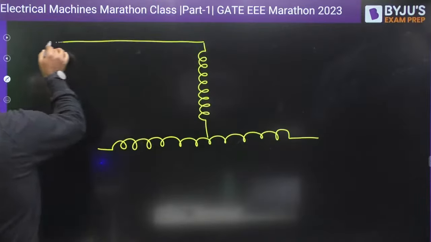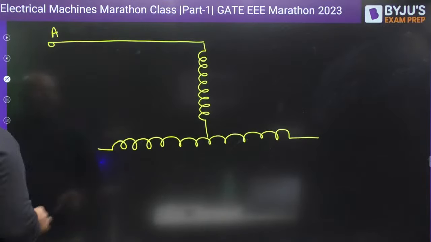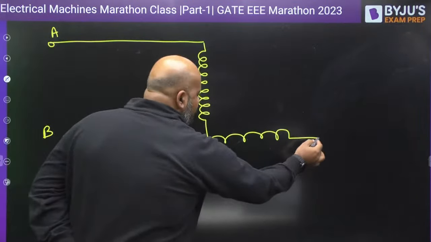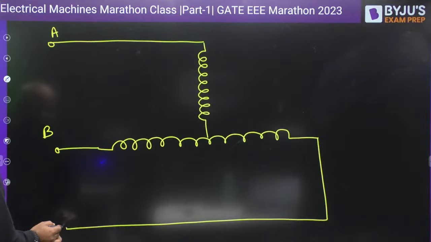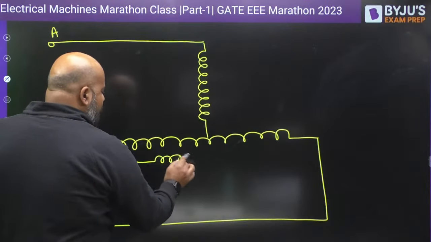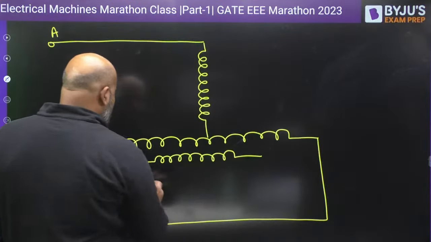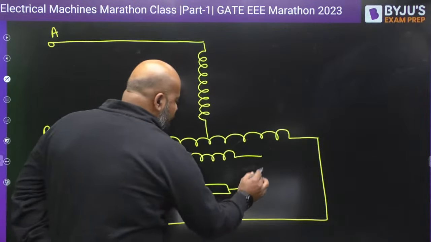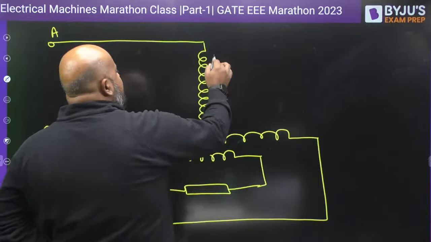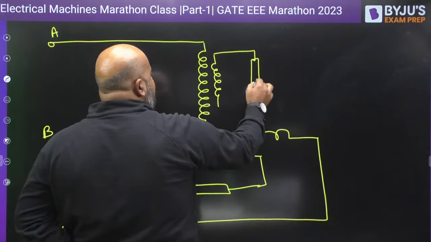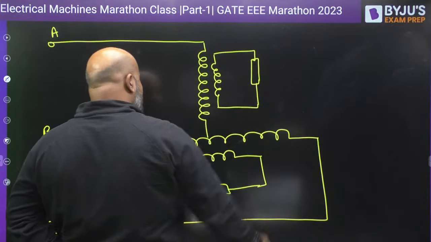This is your A terminal, this is your B terminal, this is your C terminal. This is one phase and this is another phase. So two phases you are going to supply the load.